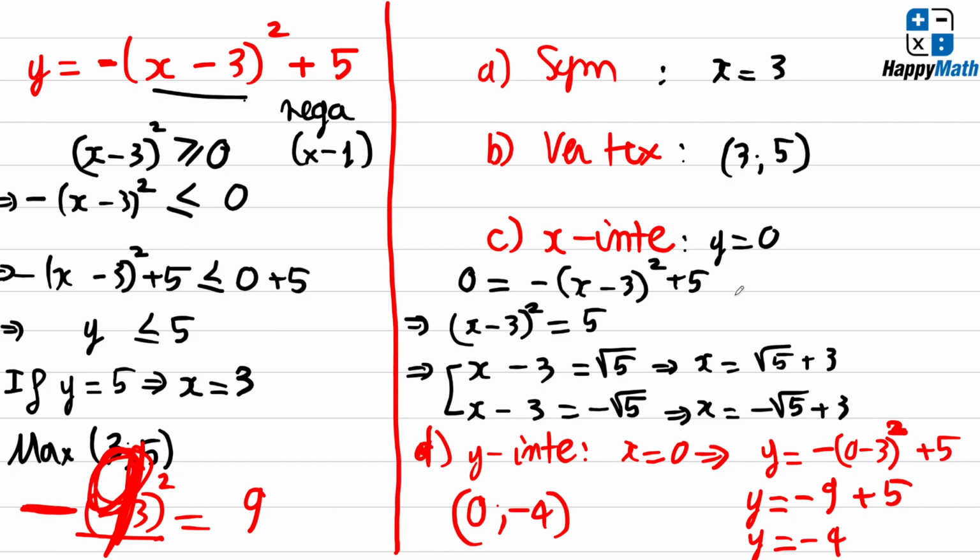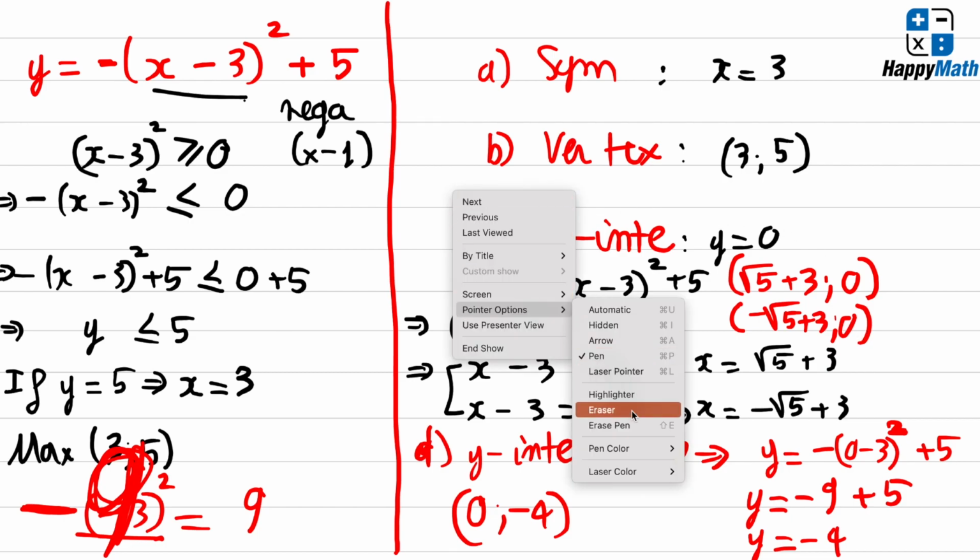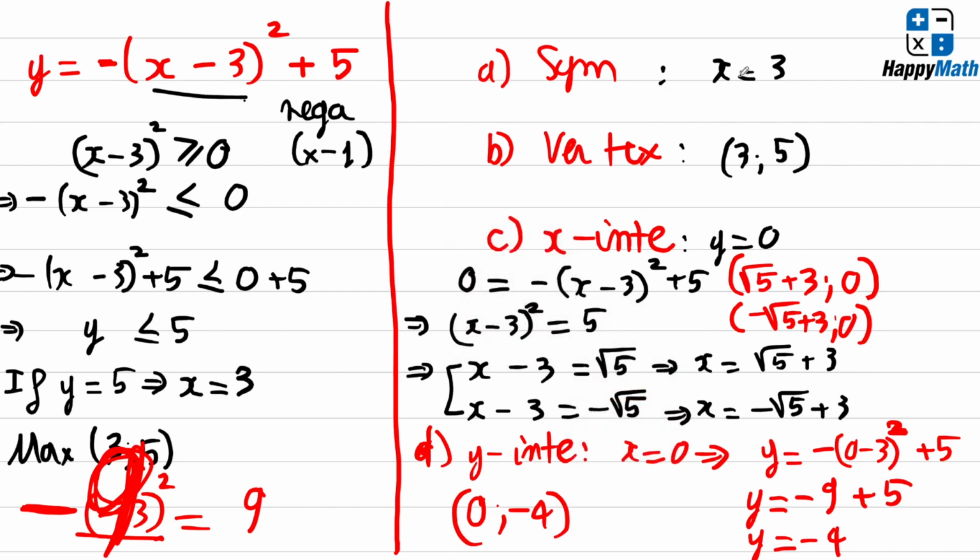And for this question, you got (square root 5 plus 3, 0), one point, and the other point. Okay. So for the symmetry, you got this one, the vertex, the h-intercepts and the y-intercept. We're done.